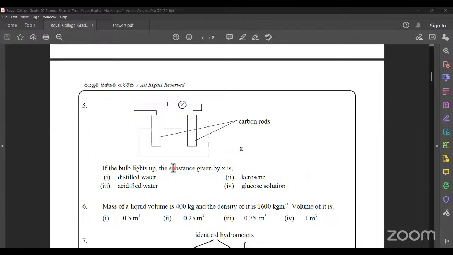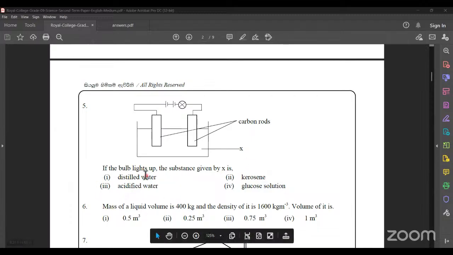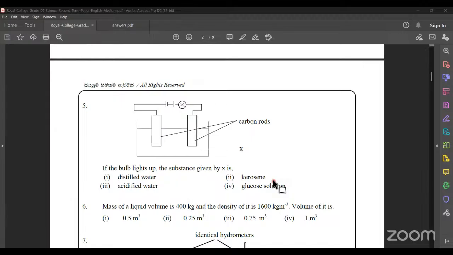Here, if the bulb lights up, the substance given by X is... What do you think? Can it be distilled water, or kerosene, which is the oil, acidified water, or glucose solution? Acidified water. Yes, very good.